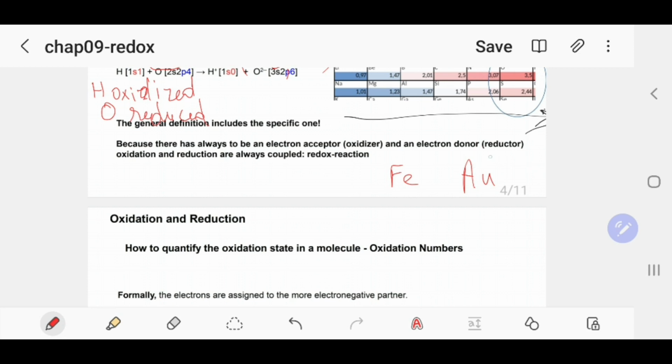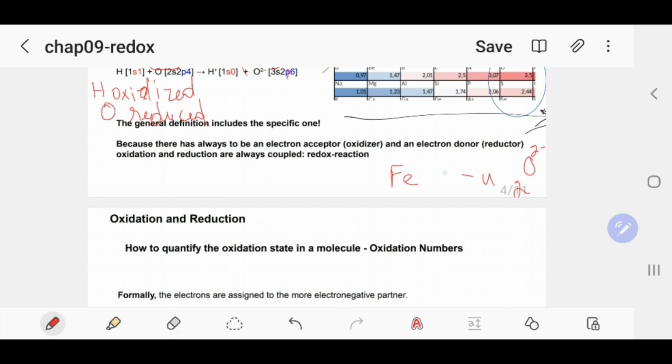We can have Au+ or Au2+ or Au3+, and to know which one we are talking about, if it's gold 1, gold 2, gold 3, you have to check with which element it's bonding. So if it's with oxygen 2-, then if it's AuO, then it's gold 2. But if it's Au2O, then it should be gold 1.